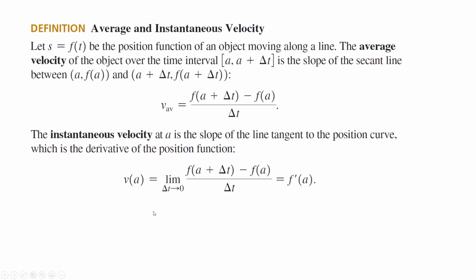So, right, this doesn't look too different than what we were doing back in 3.1 when we were defining the derivative as the slope of a tangent line, right? But now we're just putting it into this context where we're thinking of it as the rate of change of our position function. So the velocity is the rate of change of our position function.